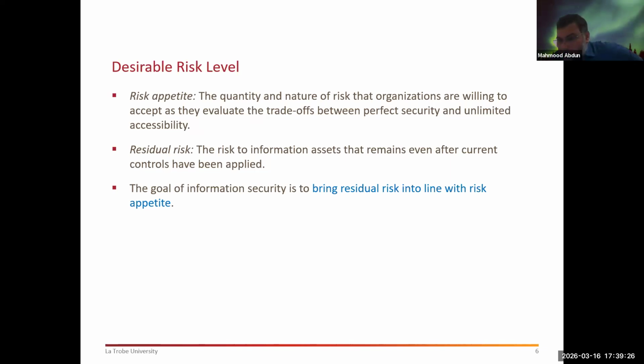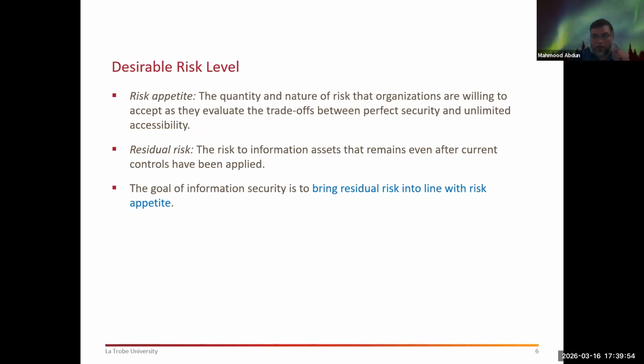Now, this slide is important because here we talk about risk appetite, residual risk, and so on. So we have to understand this. There's a nuanced understanding of this. What is desirable risk level? First of all, understand the fact that not all risks can be mitigated or avoided, right? Because of the eventuality that we mentioned.